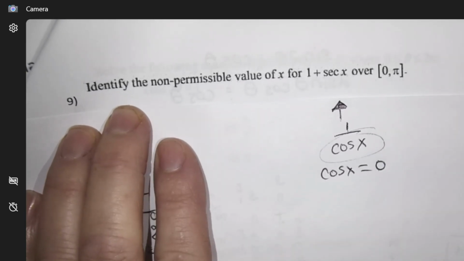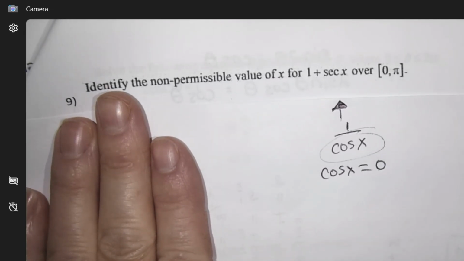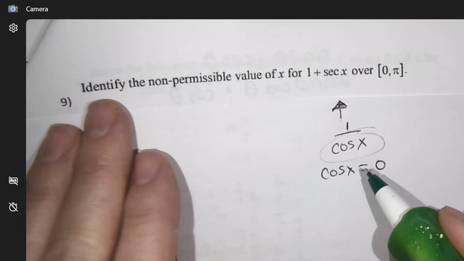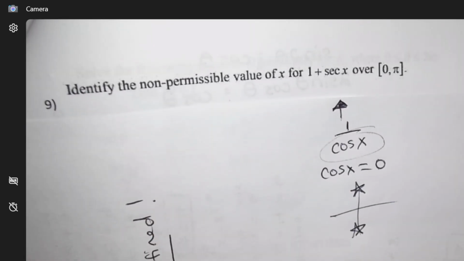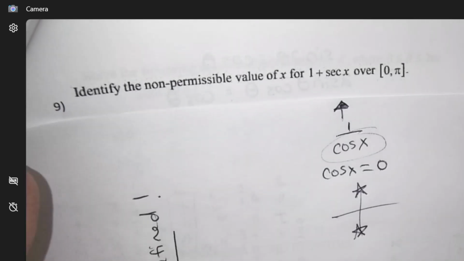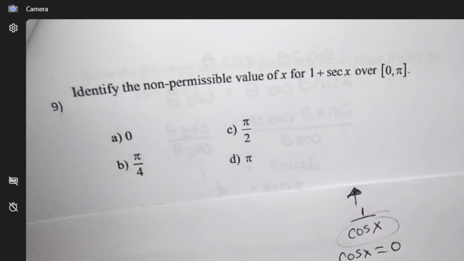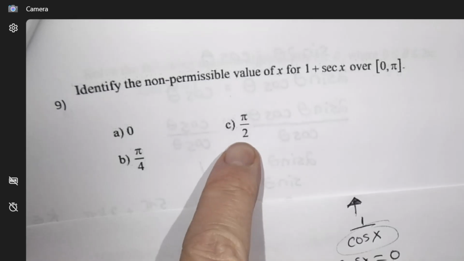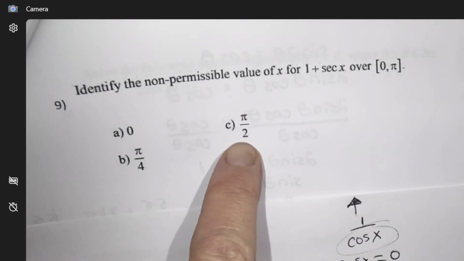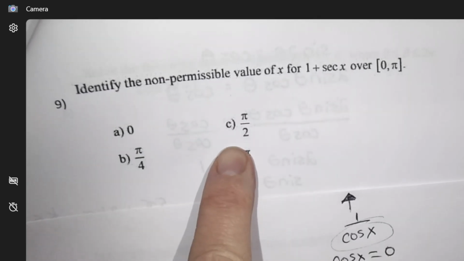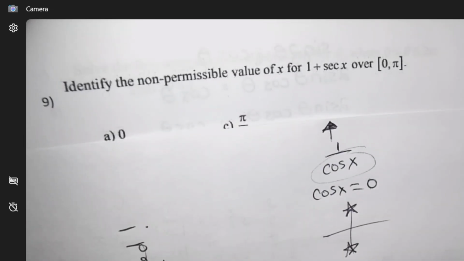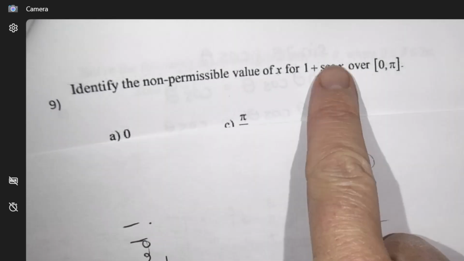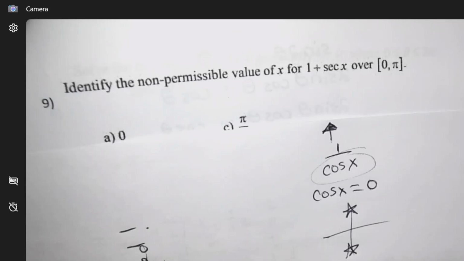This cannot happen. So where do you see x values of 0? At the 90 and the 270 spots. So does any of those match? C matches that 90 degree position. That's a problem because I'm making a cos value of 0, which I can't do the secant of, right? Because cos is dividing with the secant.